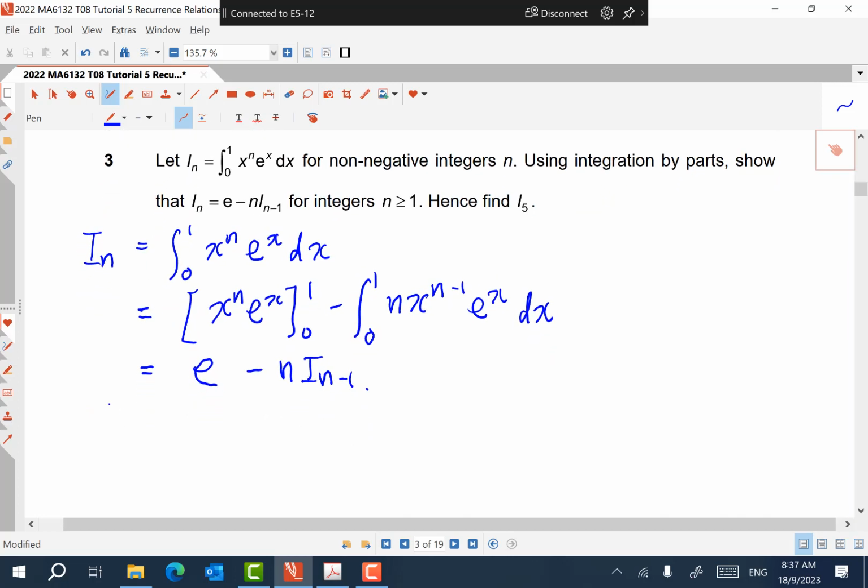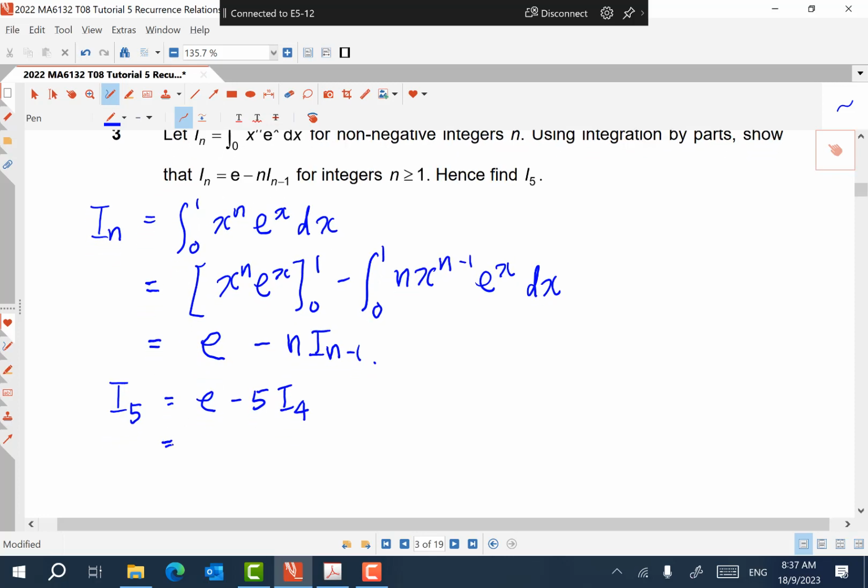And then, do you remember how to find I5 from here? To find I5, this becomes e minus 5 I4, which we did the last time, remember? And then this gives you e minus 4 I3.